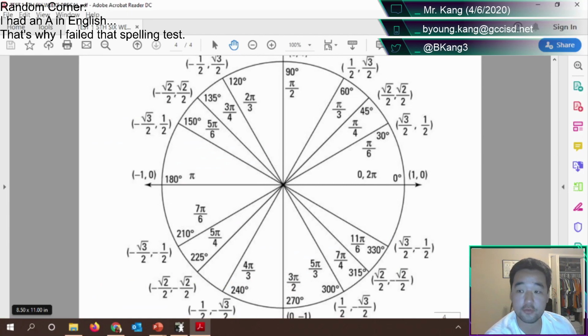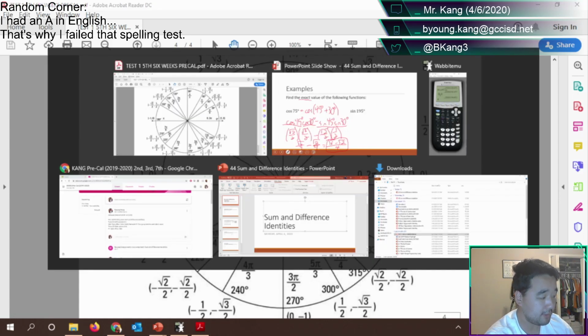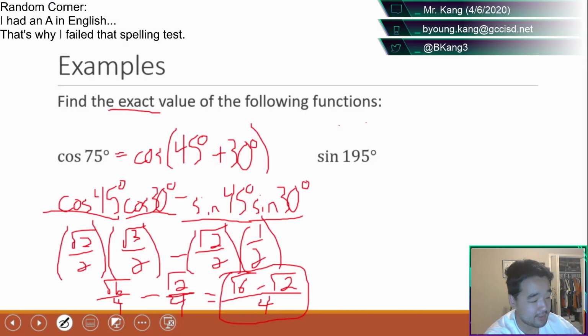So your answers are all going to look really similar to each other, because there are not that many different numbers to use. The only things that change are the negatives or the positives in front of square root of 6 or square root of 2. So just get some practice on this, and probably next week we're going to incorporate this into the proof problems that we've been doing.